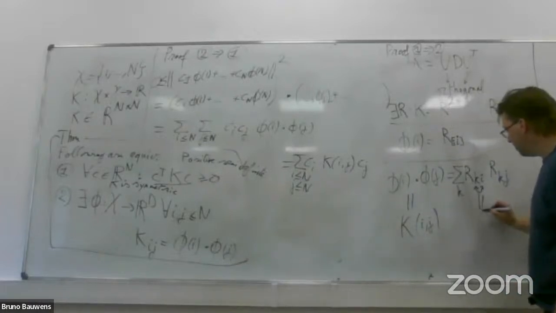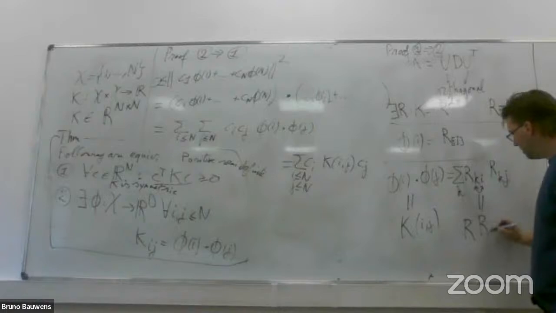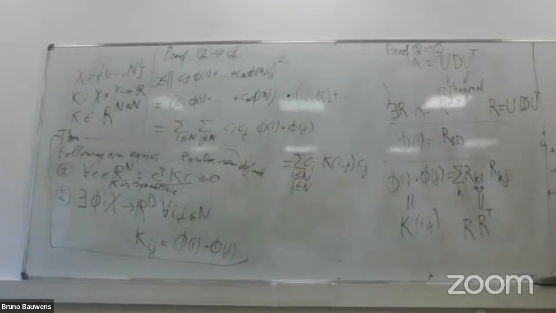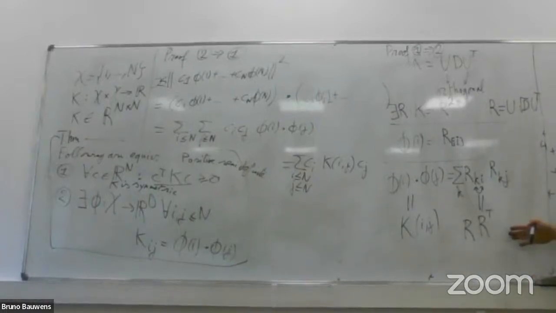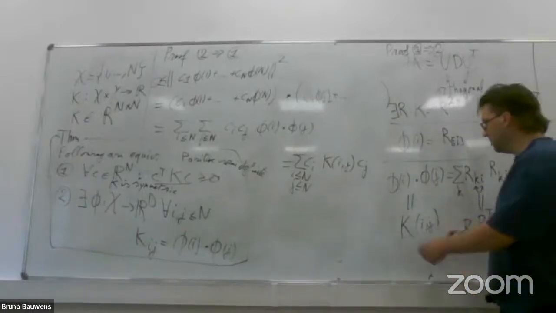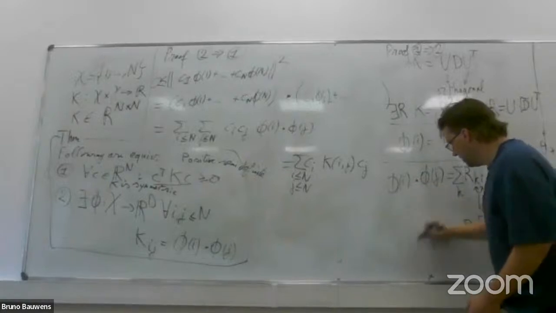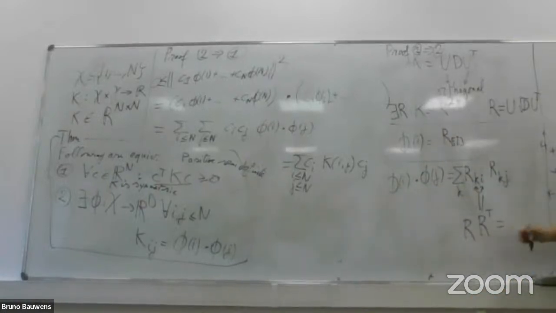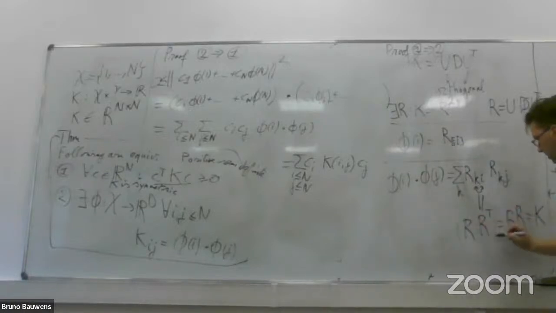So this is equal to R times R transpose, with R transpose equal to R. Sorry, this is what we want to prove. So R transpose R is equal to RR, which is equal to K_ij.